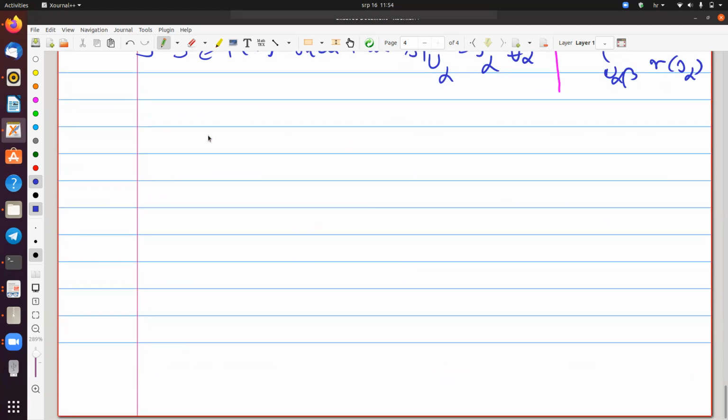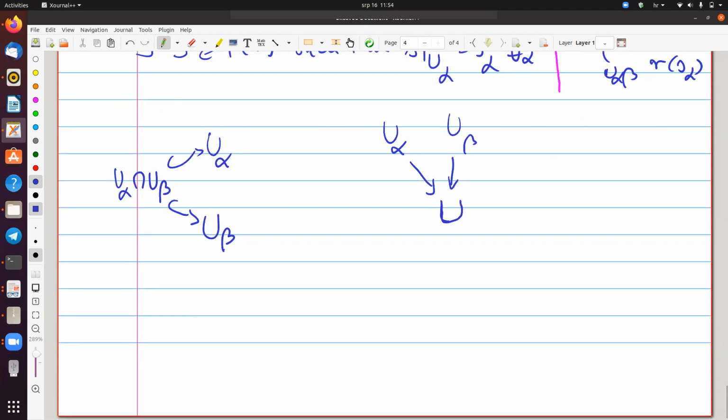You see, I have this U alpha, I have U beta, and then you have this U alpha intersection U beta in both. But in fact, you see, say you can consider this U alpha, U beta, these inclusions into U as being more fundamental than U alpha and U beta.